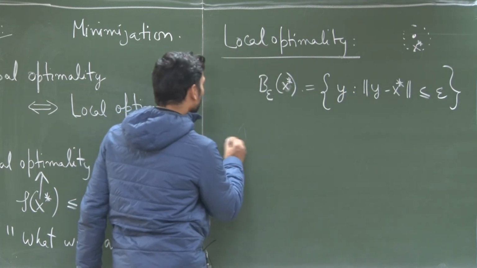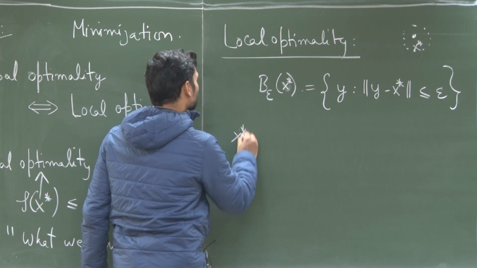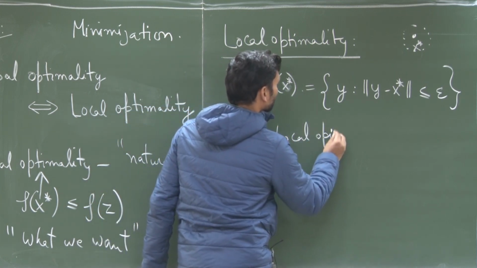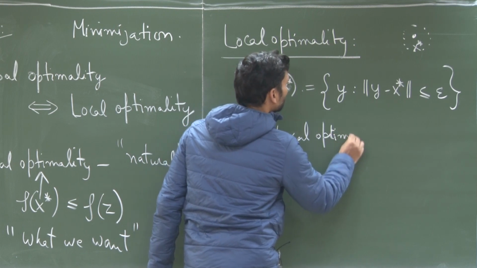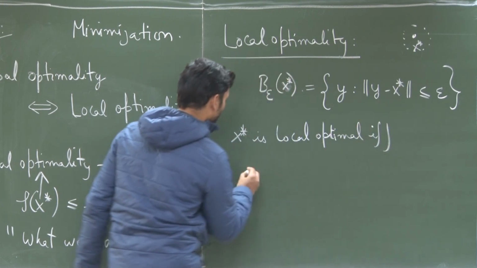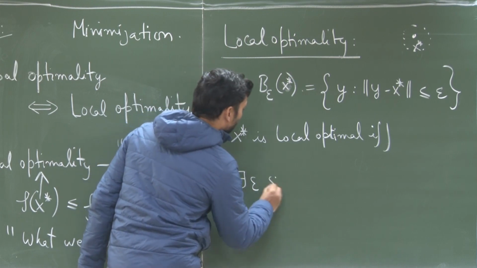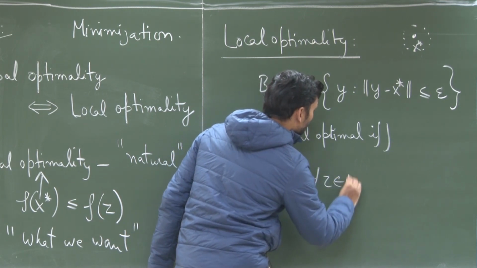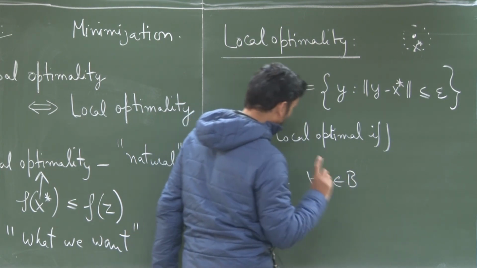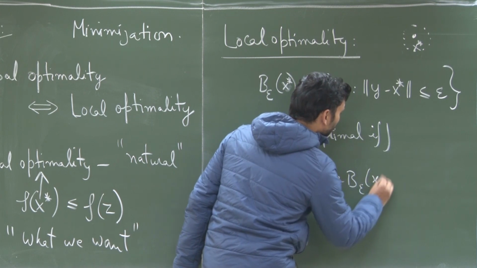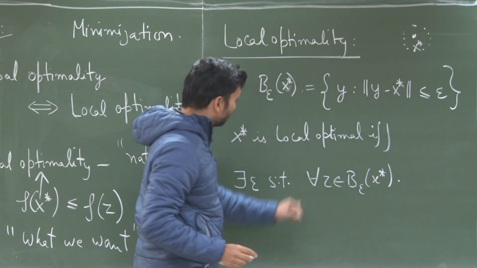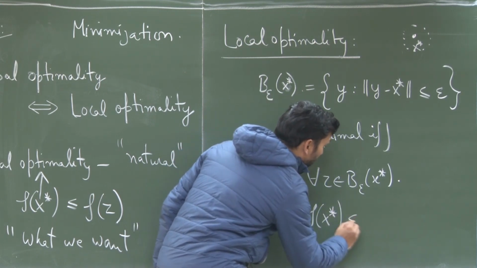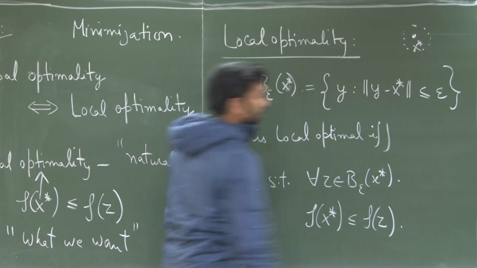So, I would like to say a point x star is local optimal if there is a small ball of radius epsilon such that for all elements of this small ball, not the entire region, but every point in this ball, x star is the best possible.